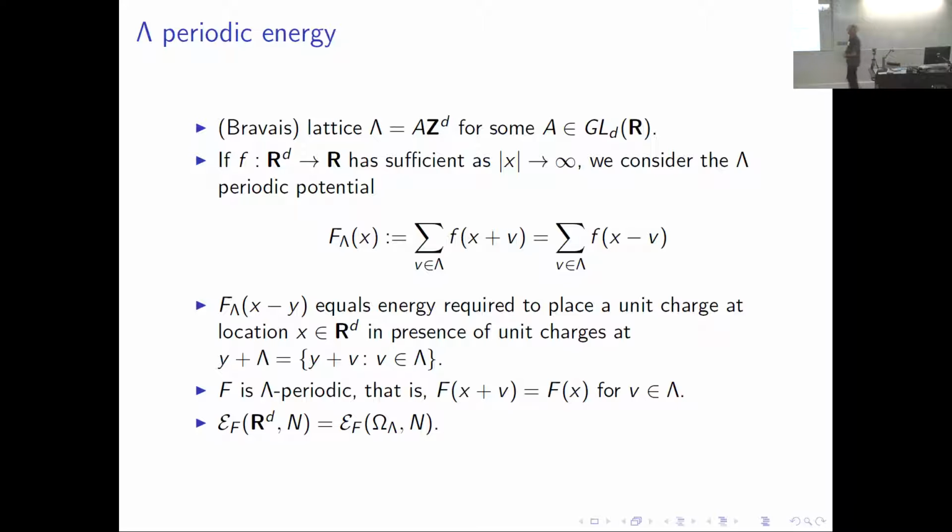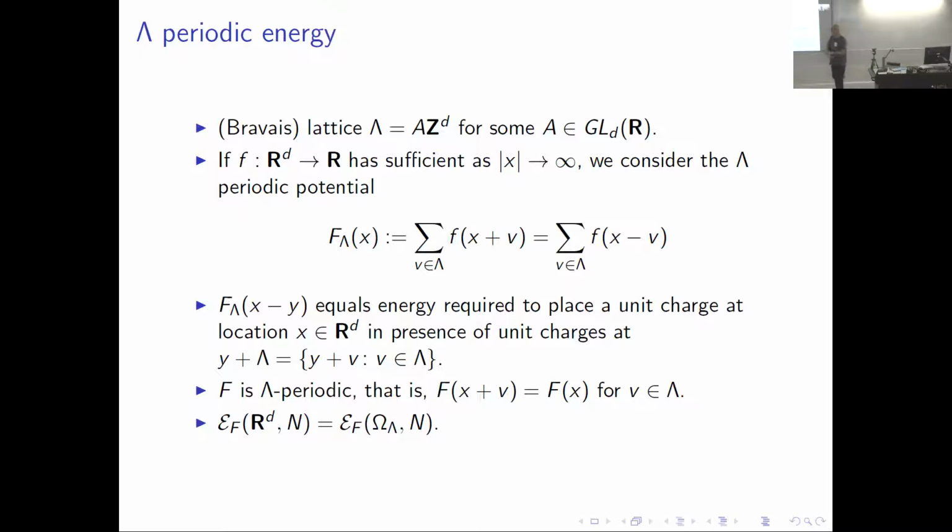So a lattice for us is the integer linear combinations of a collection of basis vectors in R^d. Now, if you interchange the order in this periodic problem, then you can set up a periodic potential, and I'll draw a picture in just a second.